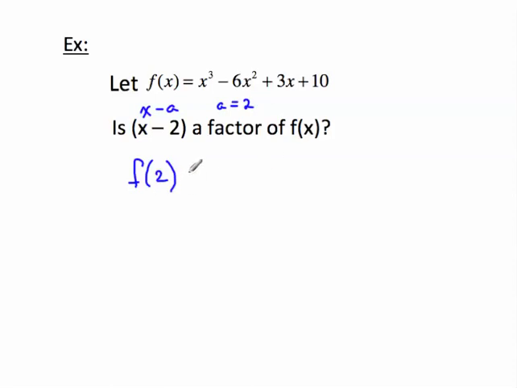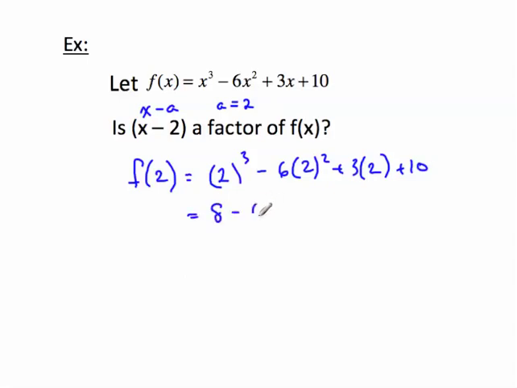So let's figure out f of 2. f of 2 is equal to 2 cubed minus 6 times 2 squared plus 3 times 2 plus 10, which is equal to 8 minus 6 times 4 plus 6 plus 10, which is equal to 8 minus 24 plus 6 plus 10, which is equal to 0.